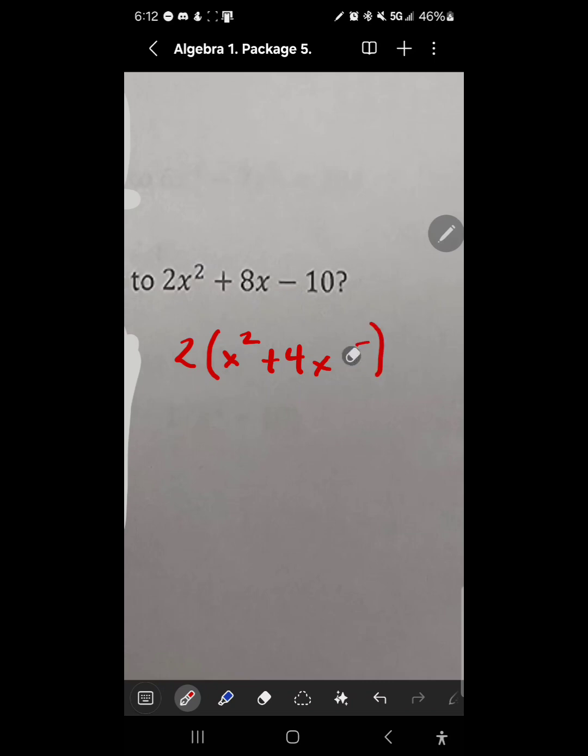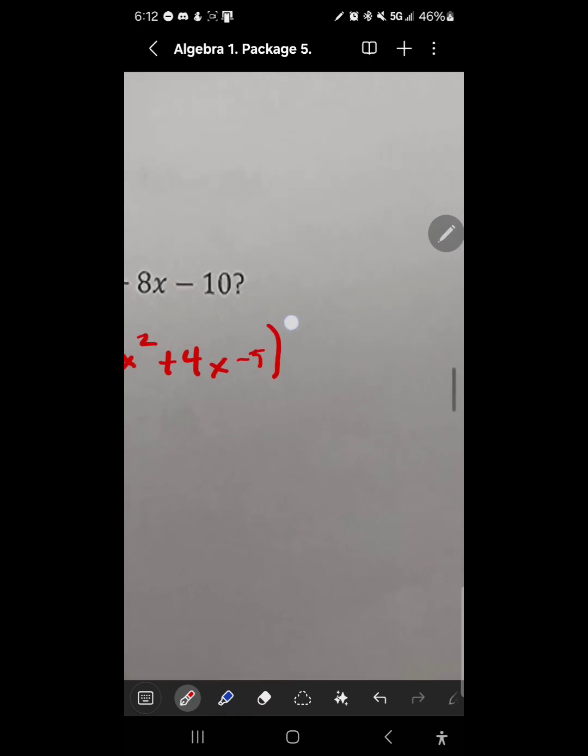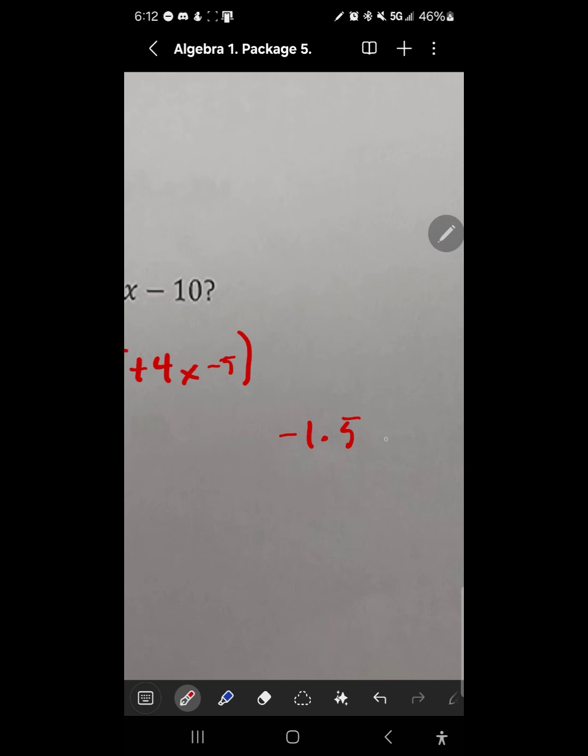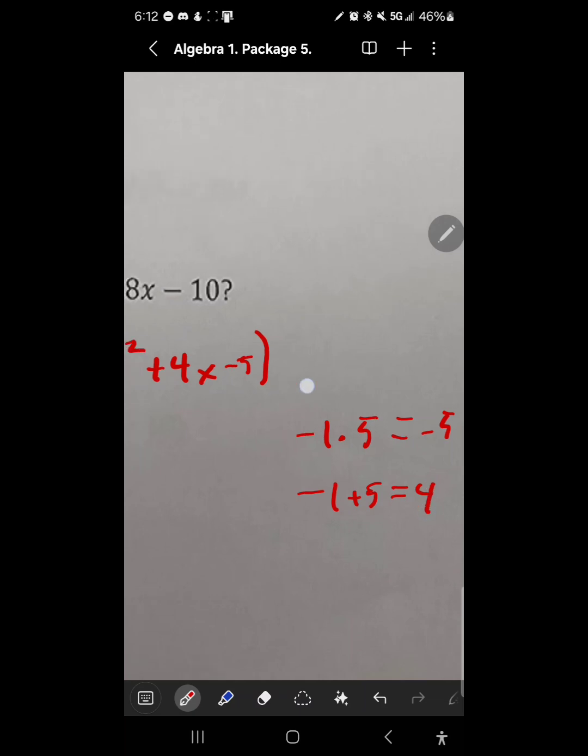Now, when I have this kind of expression, I want to find two numbers that multiply to give me this, and add together to give me this. So I'm thinking about -1 and 5. If I multiply -1 and 5, I get -5. If I say -1 plus 5, I'm going to get 4.